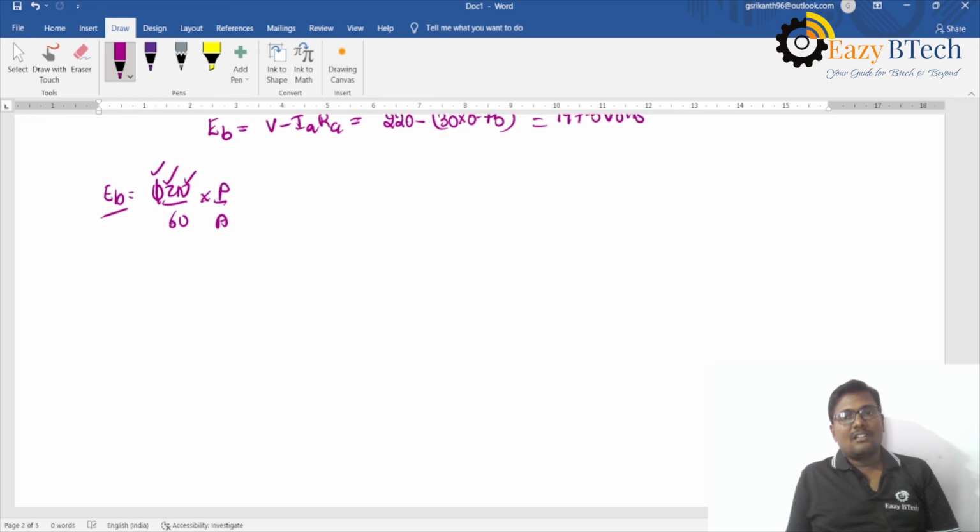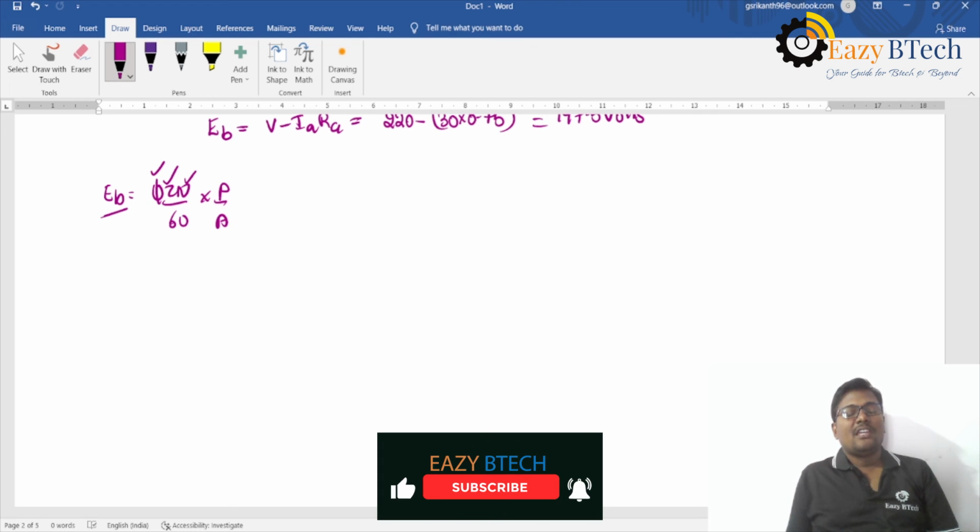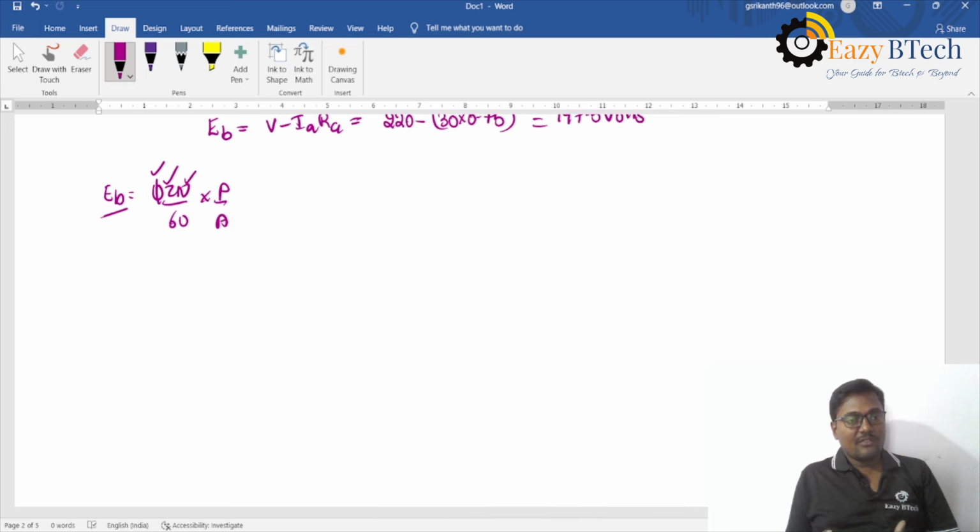First, calculate the back EMF using φZN/60 × P/A based on the given data, and substitute the back EMF in the voltage equation. Then you will get the unknown quantities.